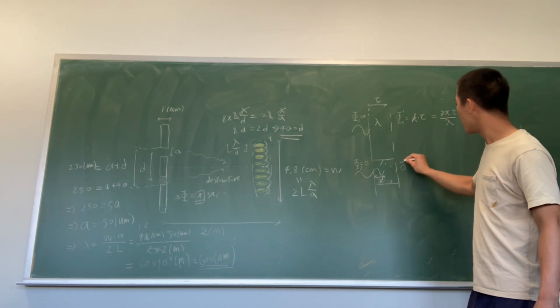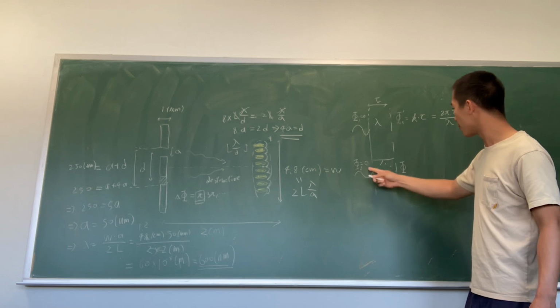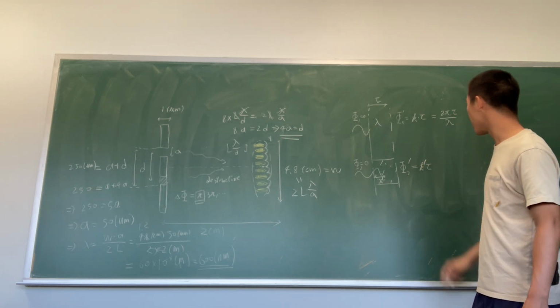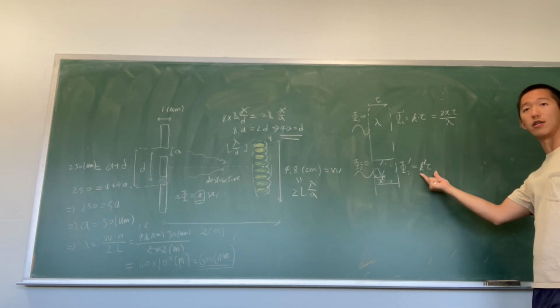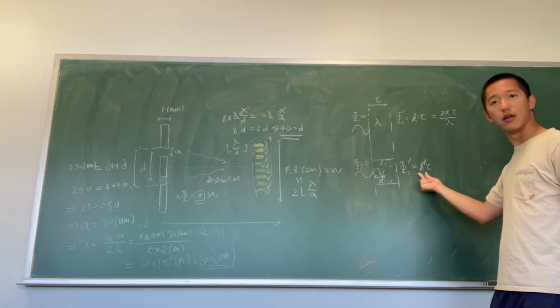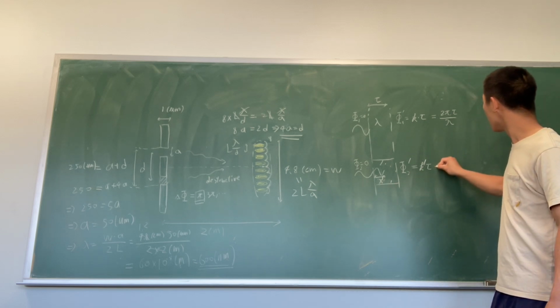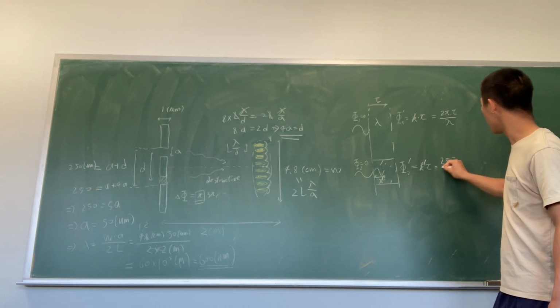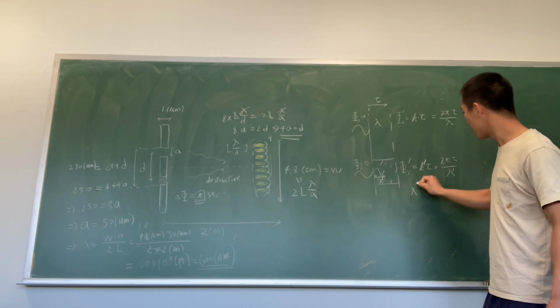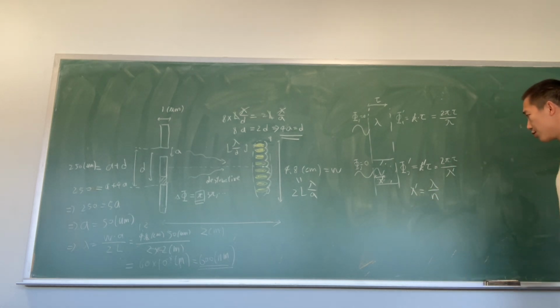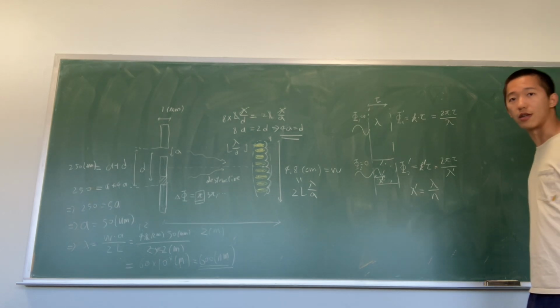The phase of the bottom wave after traveling through the glass will accumulate again k times the distance traveled, but here k will be different because the wavelength is shorter. So we know it will be 2 pi tau over a shorter wavelength, and we know it will be n times shorter due to the effect of refractive index.